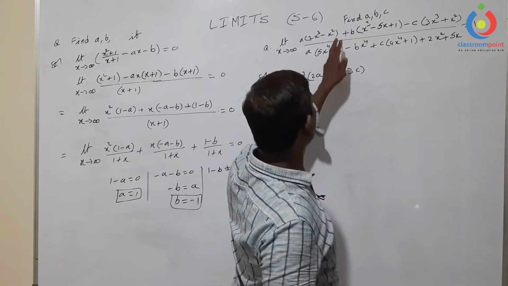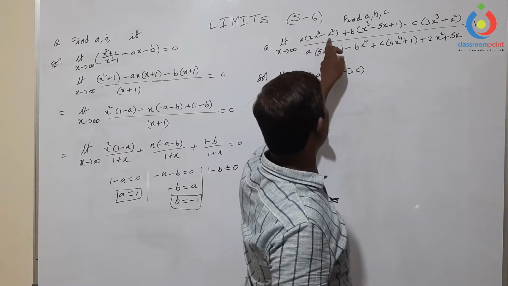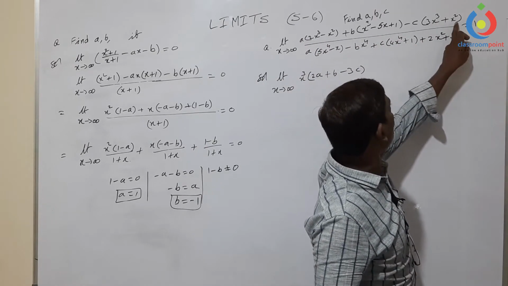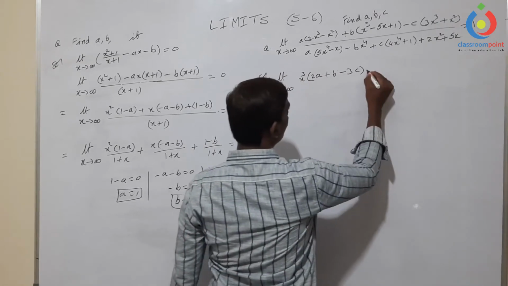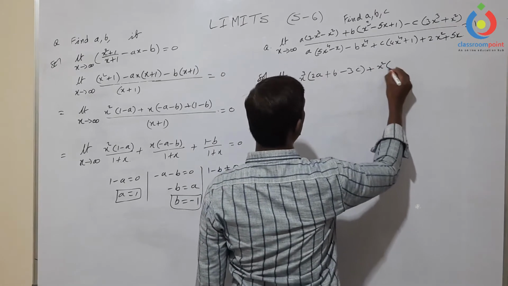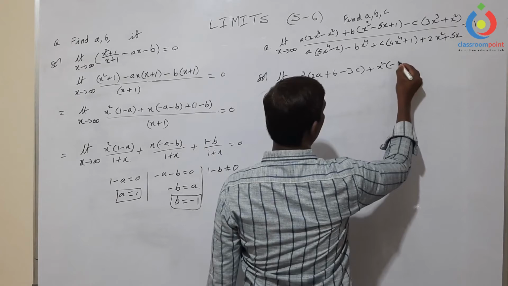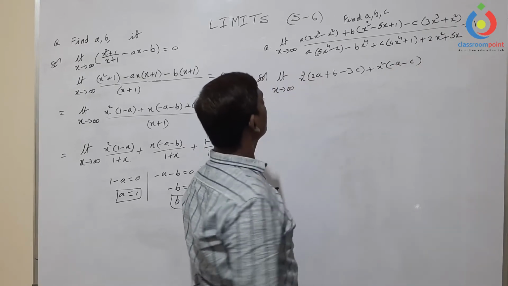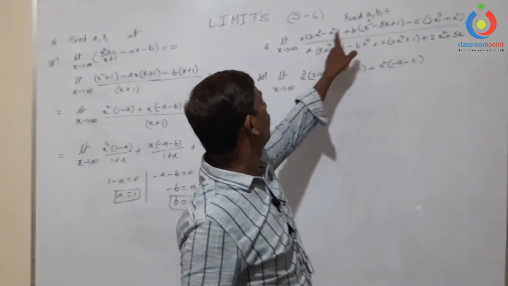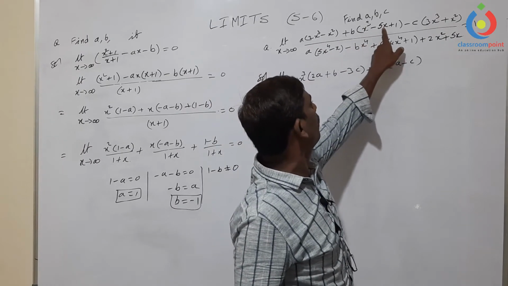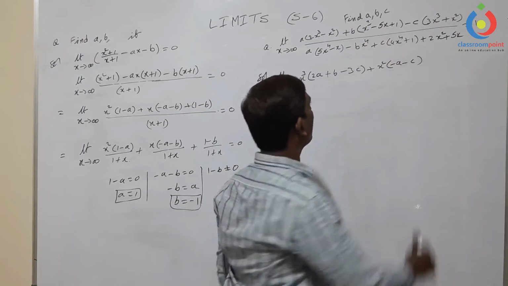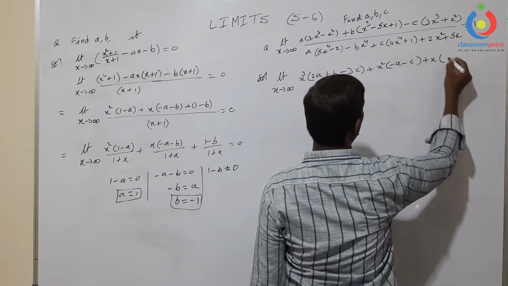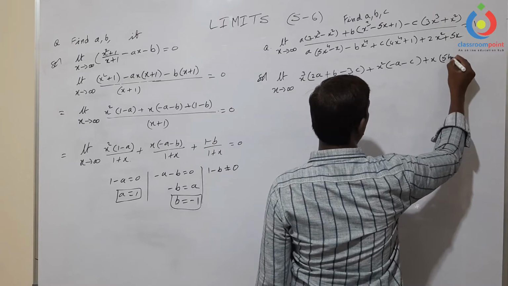Okay, next x square quotient is minus a. Here x square quotient is not here, and here x square quotient is minus c. So plus x square into minus a minus c. Next, x square and x cube both are over. Then we have x quotient, minus 5b. So x is taken outside, minus 5b.